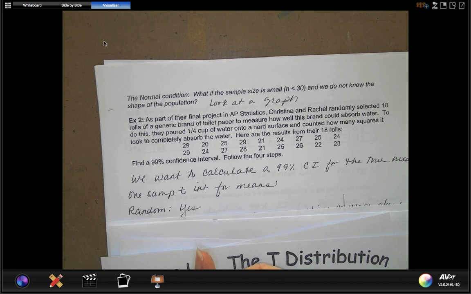If it says it's normal, you're good. It doesn't say it's normal here. The next thing you want to check is the sample size. If the sample size is greater than or equal to 30, if you're talking about means, the central limit theorem applies. Here I have 18, so not 30. Okay, so the problem doesn't say it's normal, and I don't have a sample bigger than 30, so therefore I'm going to have to look at a graph.